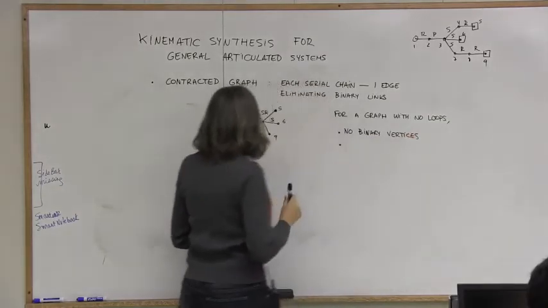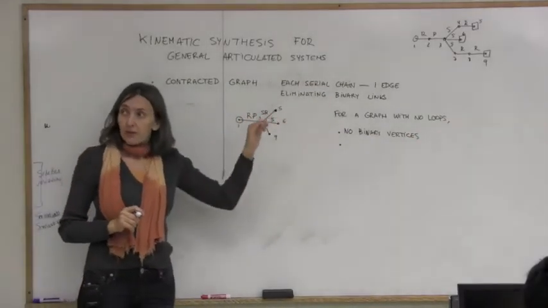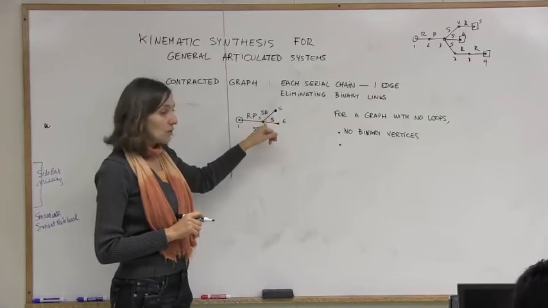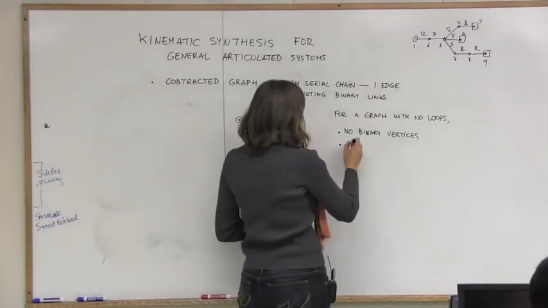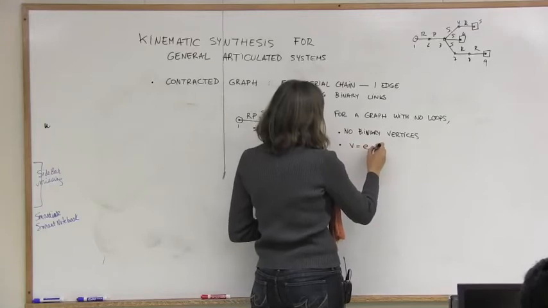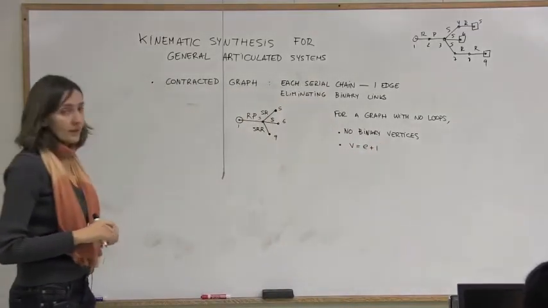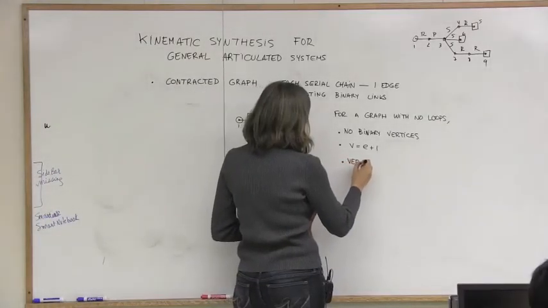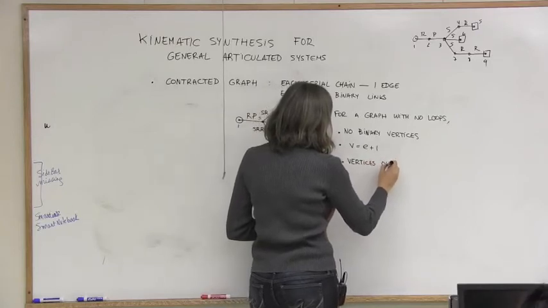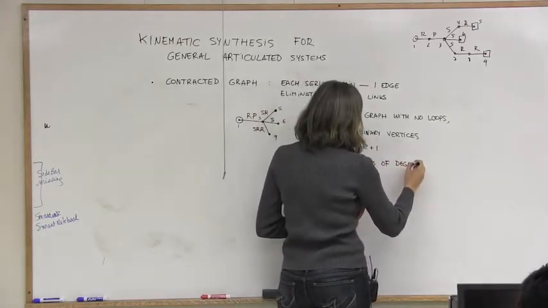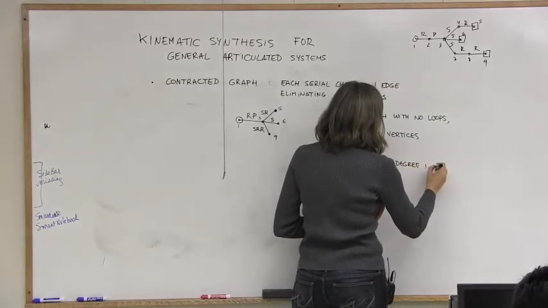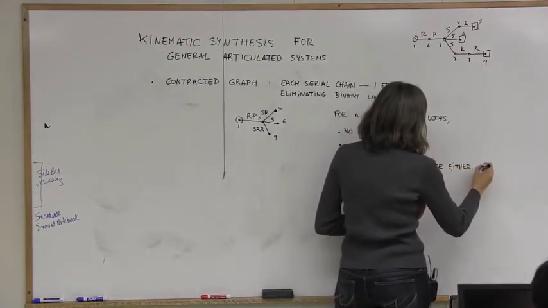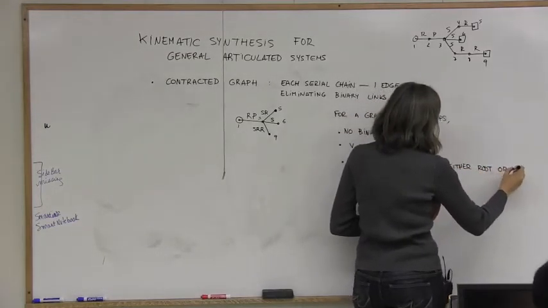And then another characteristic is the relation between the number of the vertices and the number of the edges. 1, 2, 3, 4, 5, 1, 2, 3, 4. The number of vertices is equal to the number of edges plus 1. And then the only vertices of degree 1 are either root or end effectors.